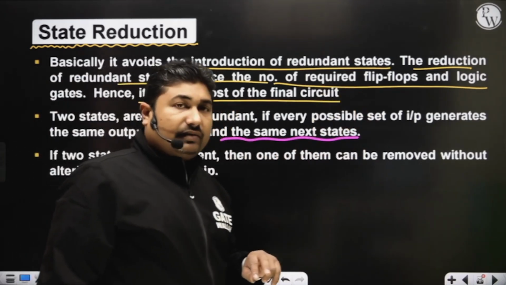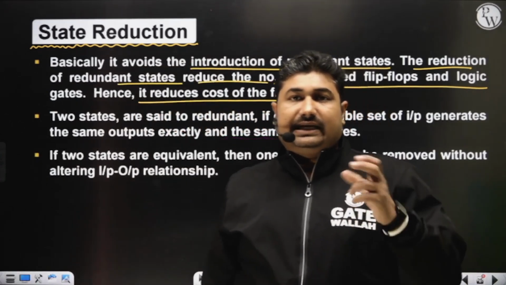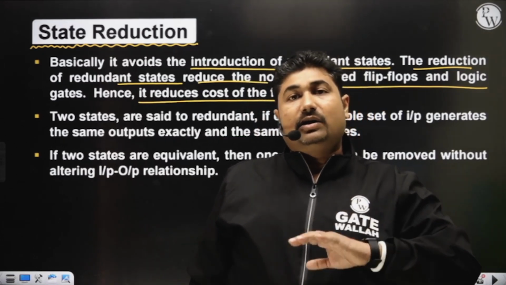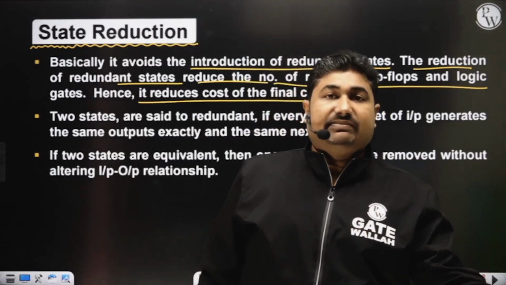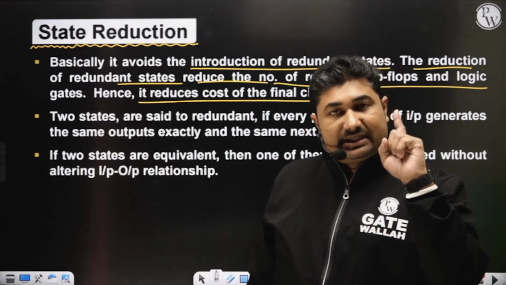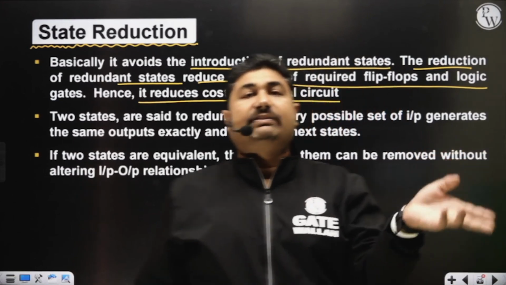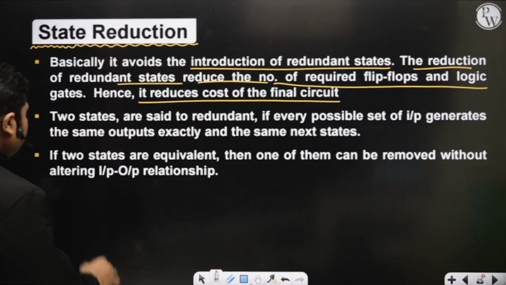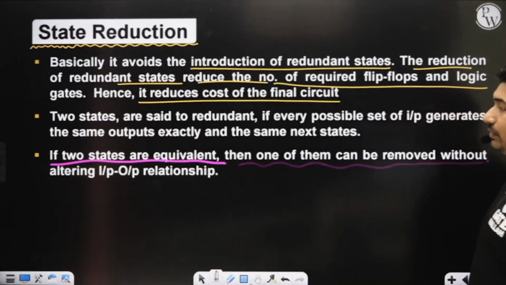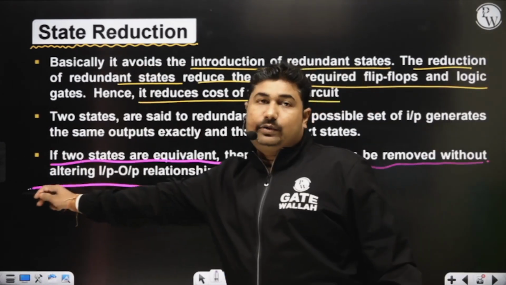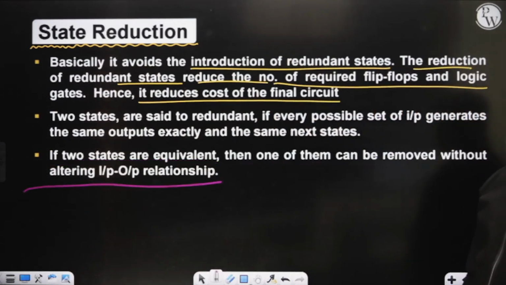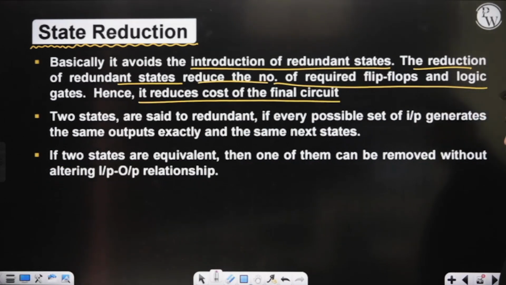If from state A, for every possible input you get the same next state with the same output, it can be represented one time only. If two states are equivalent, then one of them can be removed without altering the input-output relationship.